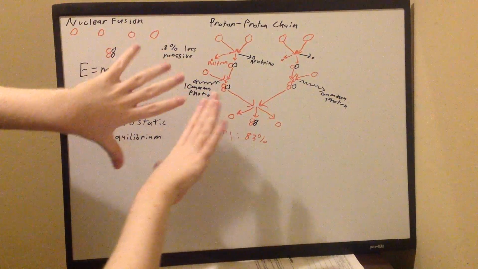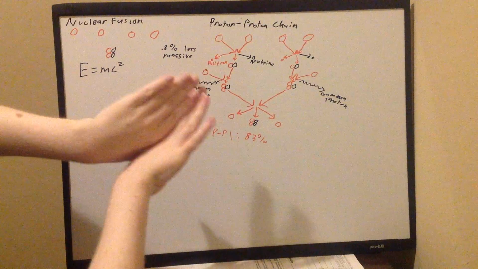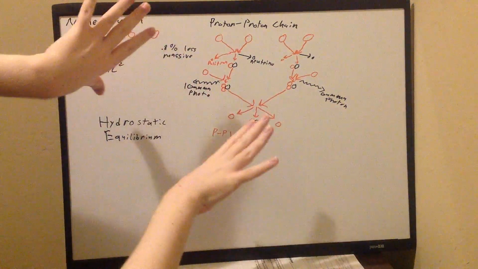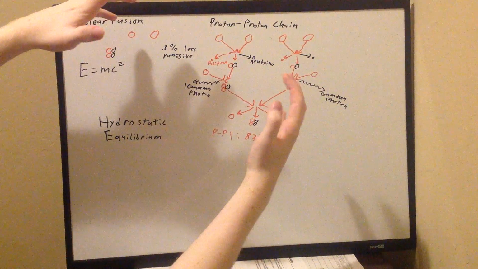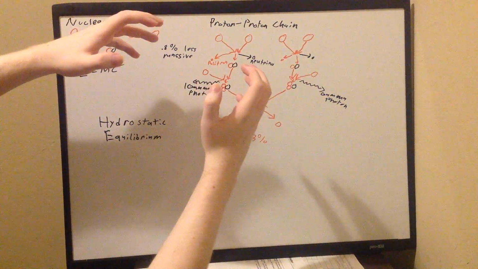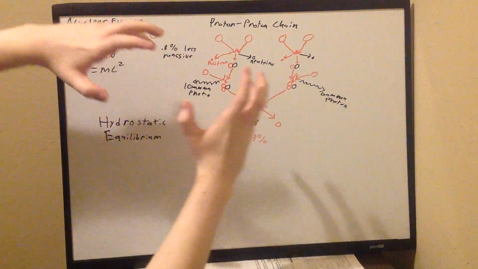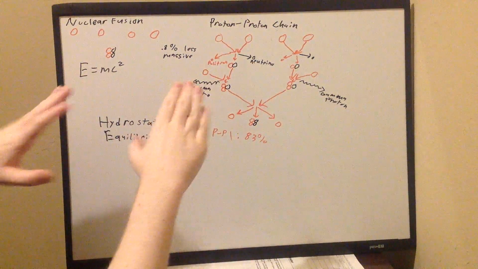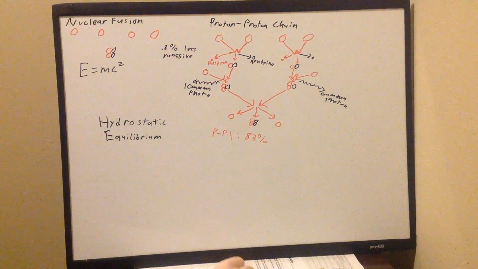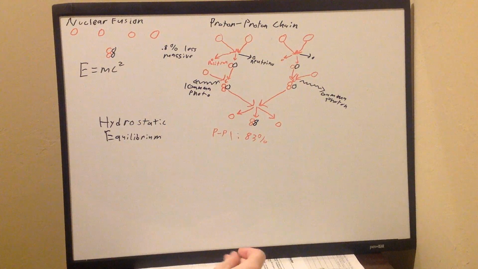When they heat up, they create an internal pressure which pushes outward and opposes the gravitational pressure which is pulling inwards, right? The gravity can't pull in forever because at some point the internal pressure of the gas's energy is going to stop it.